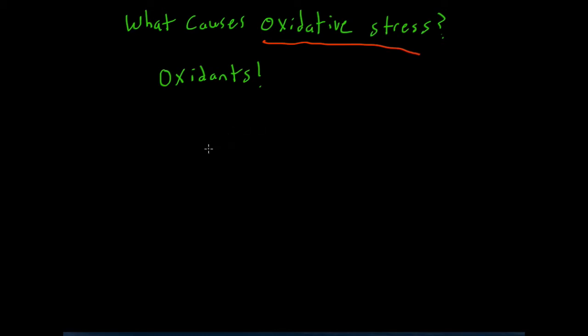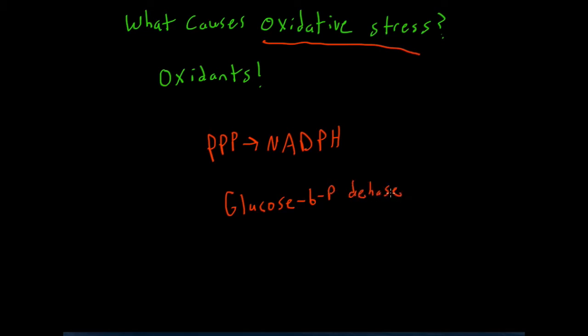So in the case of our pentose phosphate pathway, we're going to be producing NADPH. That's the point of the pentose phosphate pathway. One of the enzymes to do this is going to be glucose 6-phosphate dehydrogenase. But if we are deficient in glucose 6-phosphate dehydrogenase, that means we're not going to be able to make enough NADPH to regenerate our glutathione.